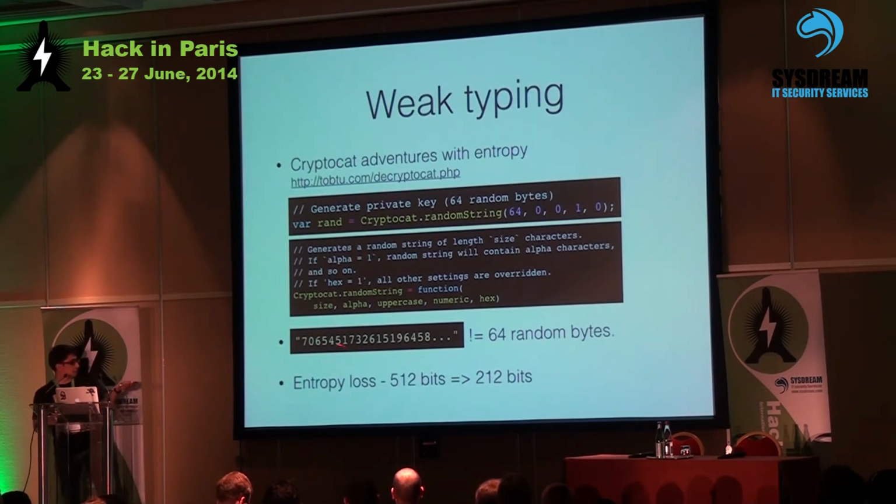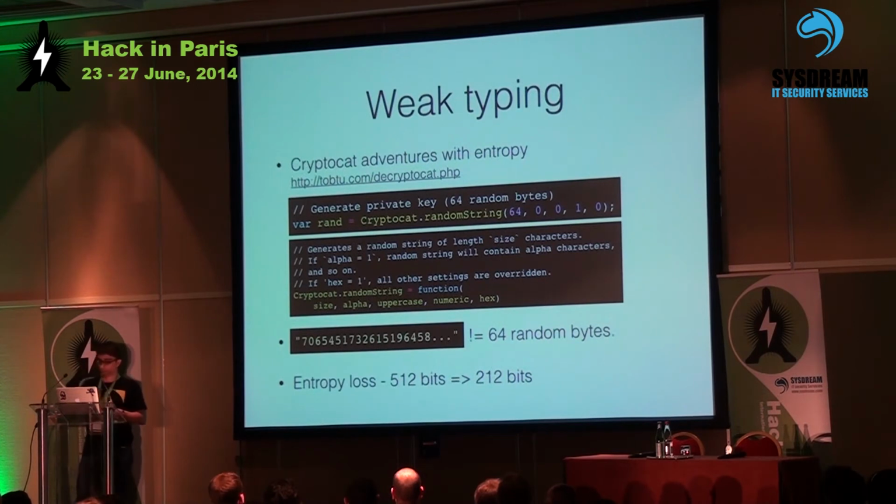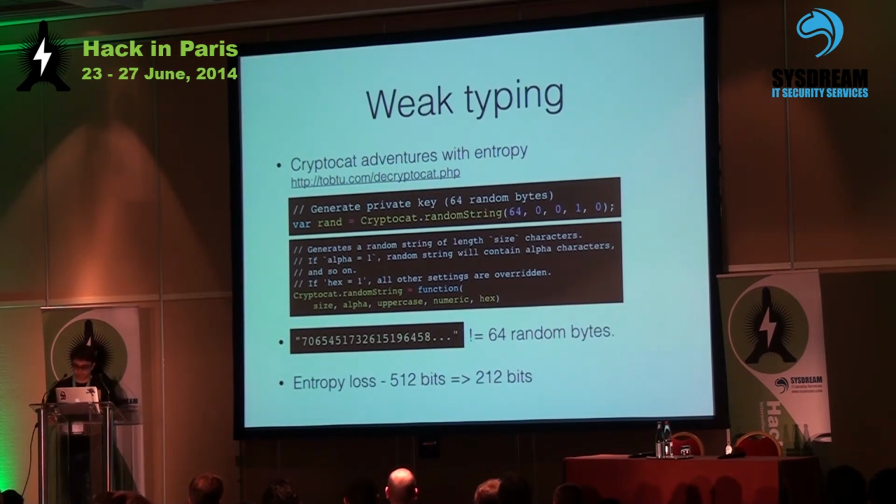But if you reduce that to using only digits, well, the matters are much worse. So because of that and a few other flaws, the private keys generated by some versions of CryptoCat were brute-forceable for certain types of attackers. And this was the case because CryptoCat didn't use types well enough. It assumed some things, and the language didn't really warn it against that.